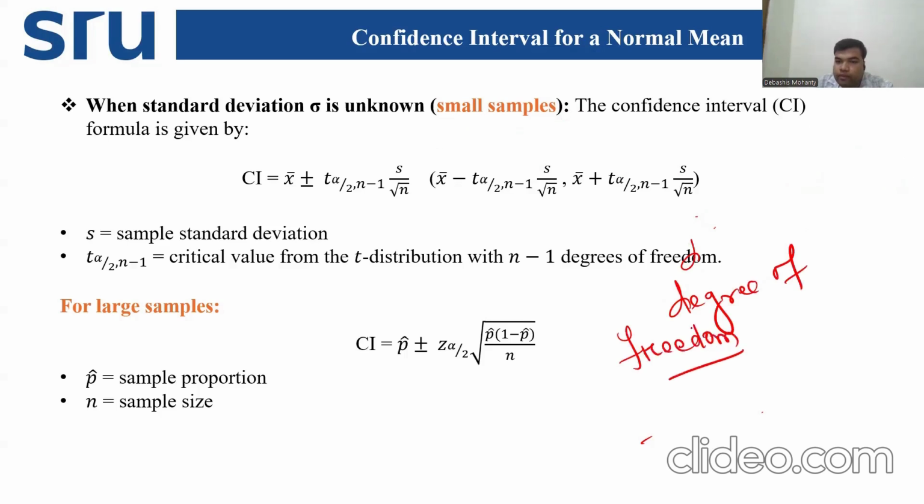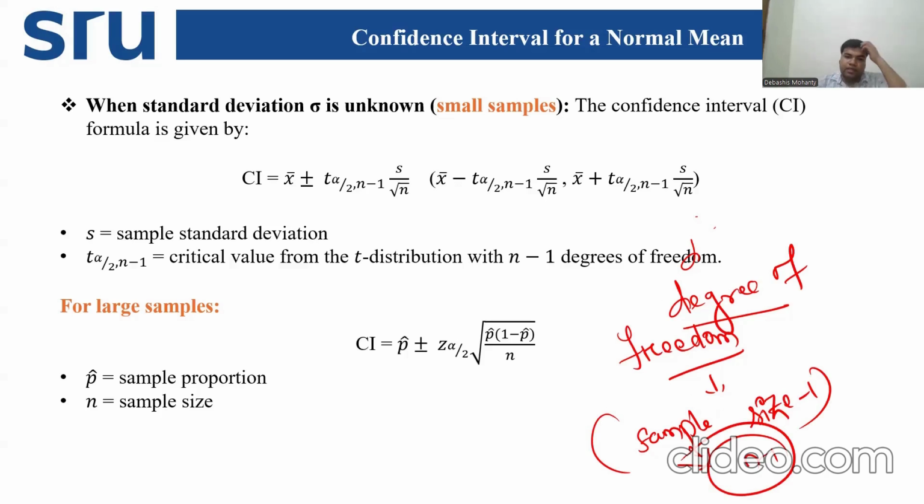Degree of freedom. That is nothing but the sample size minus 1, that is n minus 1. Okay. That is the degree of freedom. So we have to calculate the t alpha by 2 along with the degree of freedom. So degree of freedom is also important here.